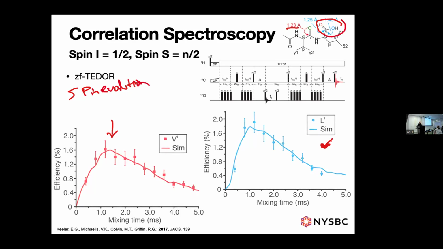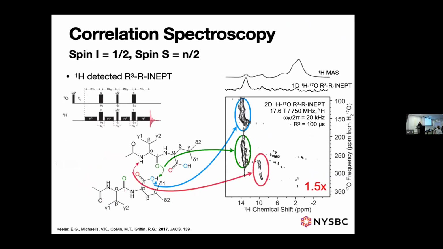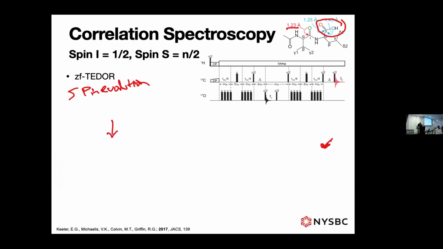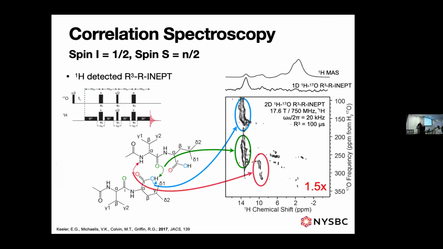So then what about the other ones? I thought I didn't show them, but I have the two other carbons, the C alpha carbons as well, and you can fit them to their distances as well.